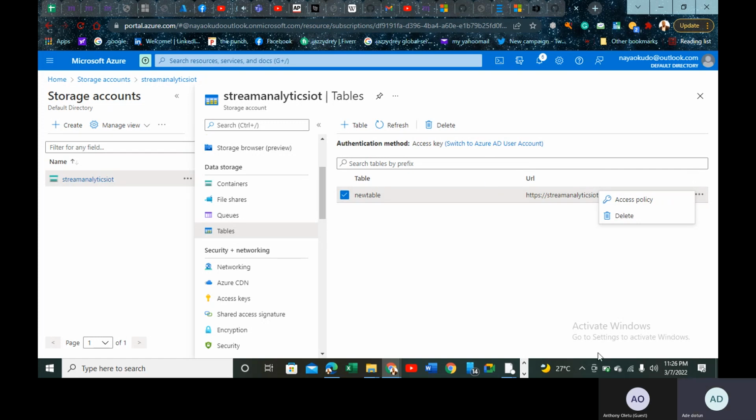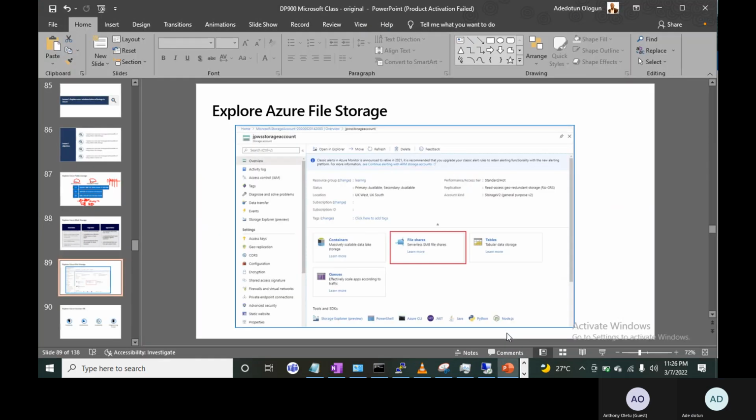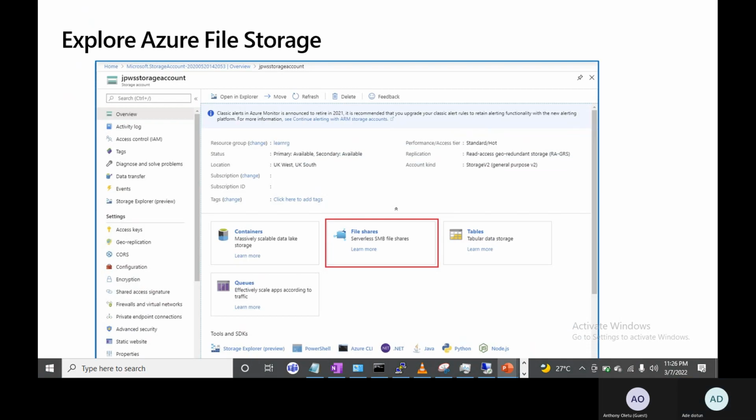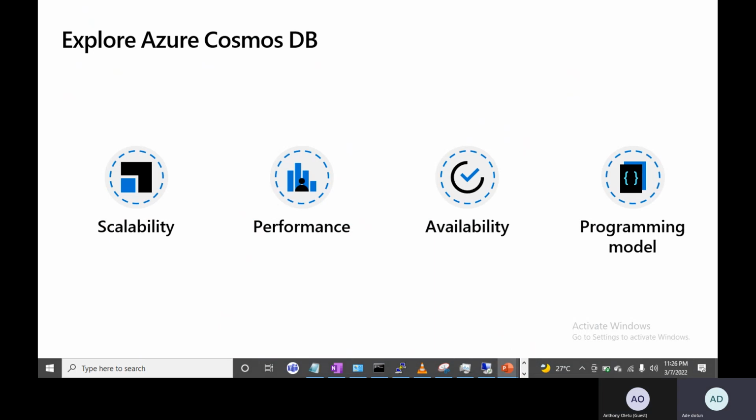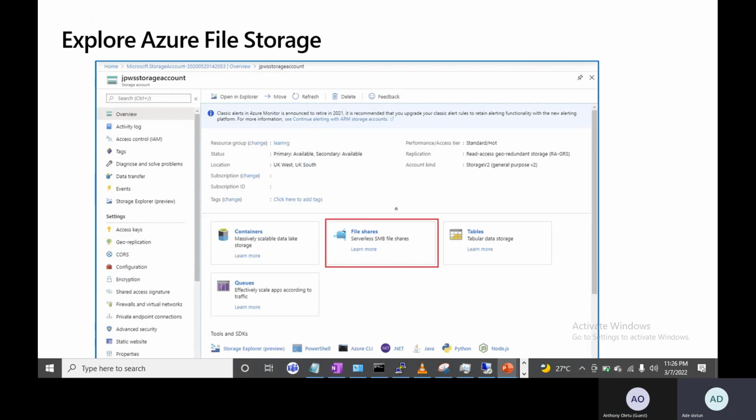So let me go back to our slide. As you can see, these are the different types: the container, the file share, the table. Why I went to the Azure Portal is so that you know where to find them when you create a storage, because anything you put inside that storage can be seen anywhere.